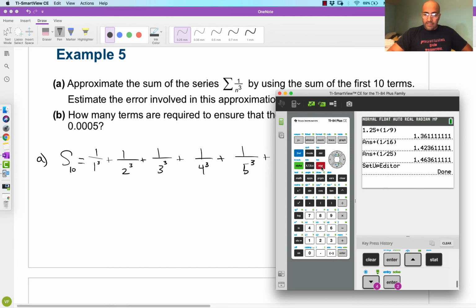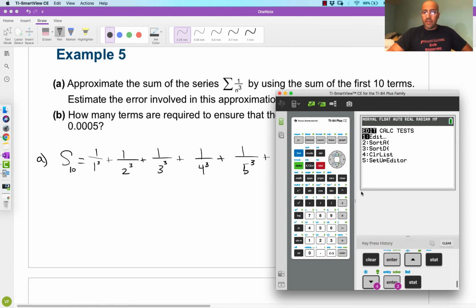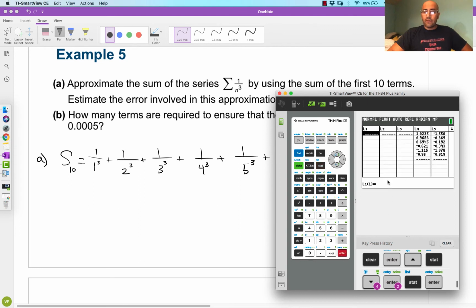So you're going to hit Stat. That takes you to this menu. You're going to hit Enter. And then L1, L2, L3, I'll use those. So I'm going to put the values of n onto list 1. So I'll put 1, Enter, 2, Enter, 3, Enter, and so on through 10.